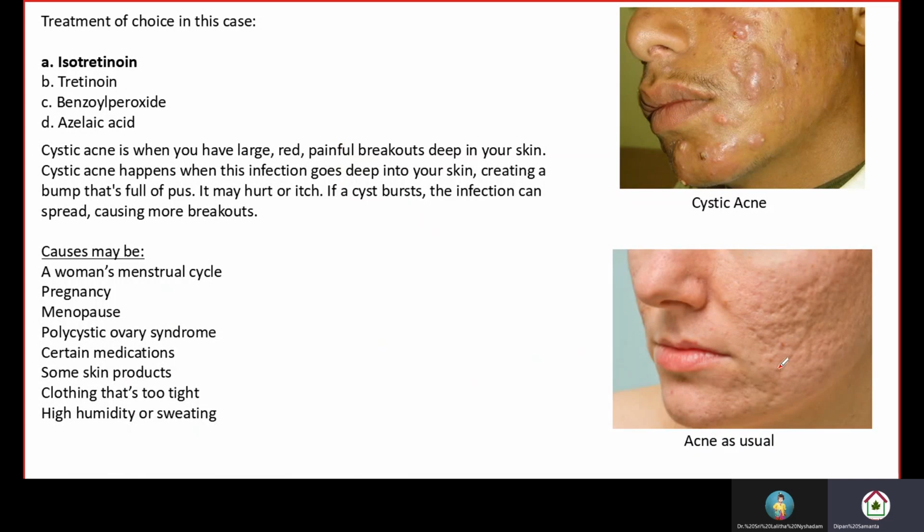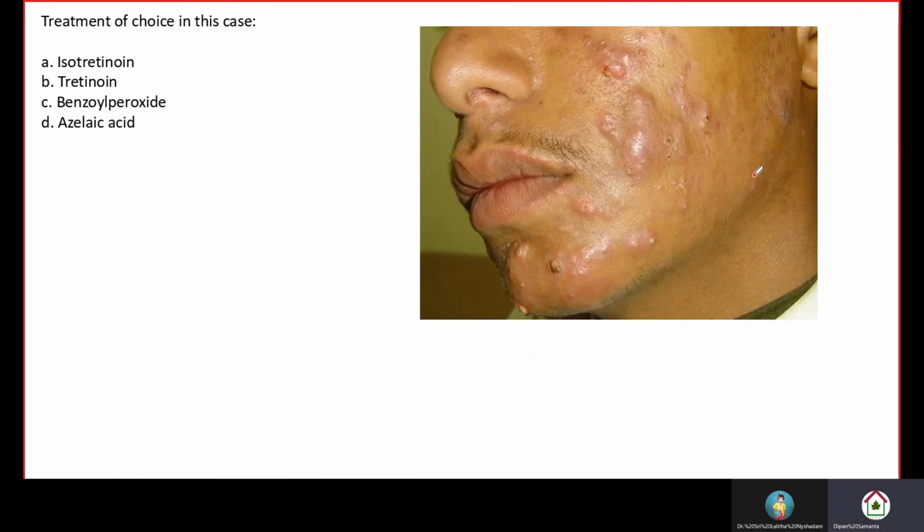Usual acne has pitting lesions, there is a pit. But in cystic acne, instead of pitting, there is a cystic appearance.